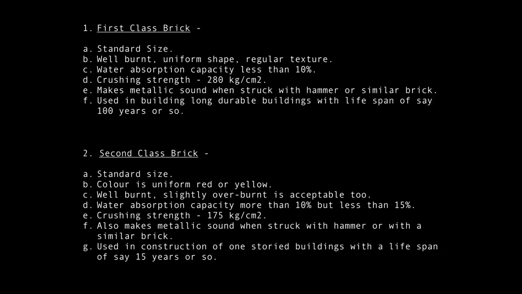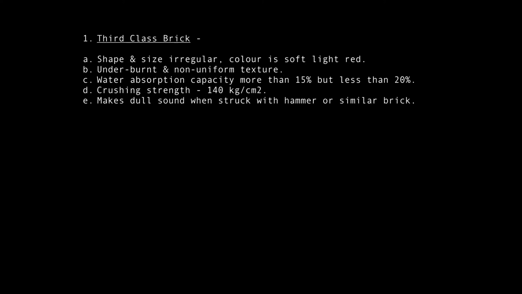And the last class of burnt clay brick is third-class brick, which, as the name suggests, is of the worst quality, and the shape and size is irregular. Color is also soft, light red. They are either underburnt, or so much overburnt that they cannot be used for any permanent construction.